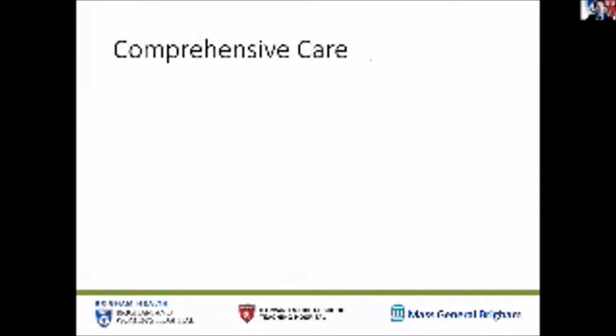In providing comprehensive care in a neurogastroenterology and motility program, there are a number of other supportive components that are needed in order to properly evaluate and manage these patients. These include endoscopy, specifically interventional endoscopy, for the diagnosis and treatment of these conditions.